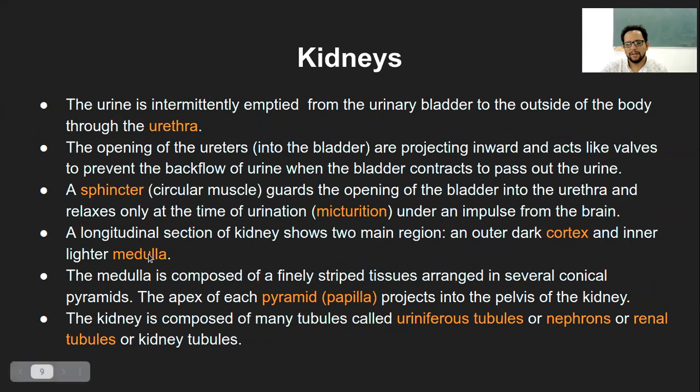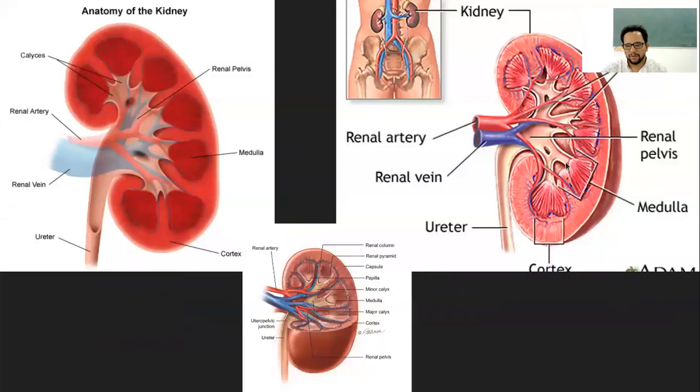And within the renal medulla, there was this striped tissue arranged in conical pyramids, and the tip of that pyramid was called the papilla, which is finally projecting into the pelvis of the kidney. So if you don't remember, here is the diagram. These pyramid-like structures are the conical pyramids that I'm talking about, in terms of striped tissues.